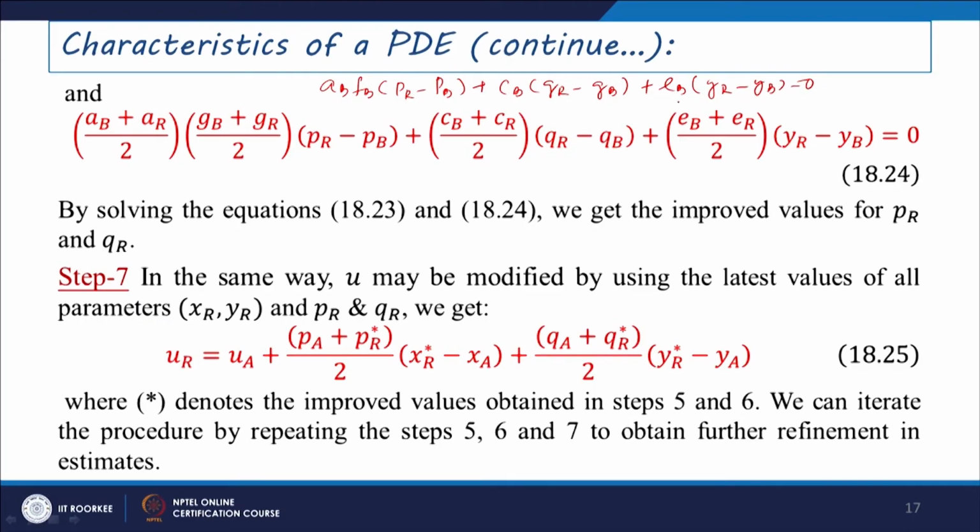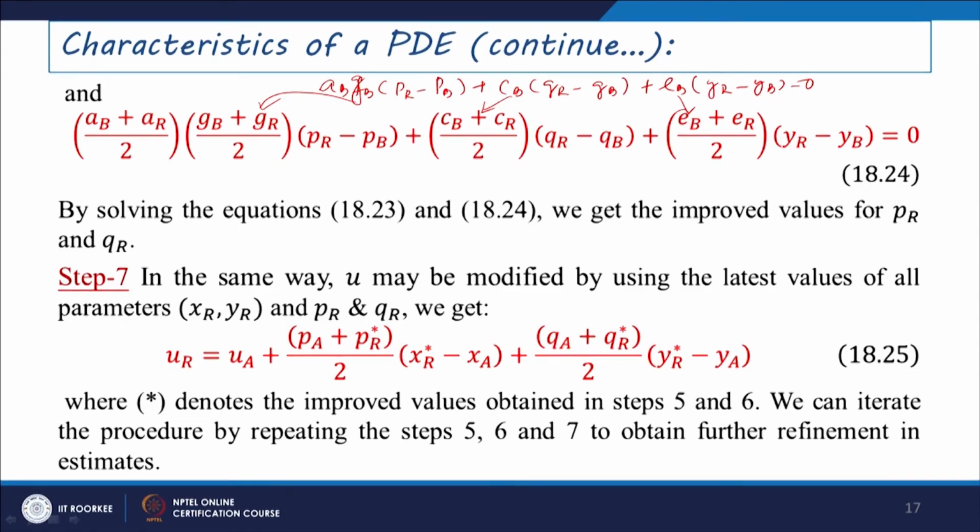So, EB is replaced by (EB + ER)/2, CB is replaced by (CB + CR)/2, and here we have GB, so GB is replaced by (GB + GR)/2. If you solve these equations, we can get the improved values of PR and QR.